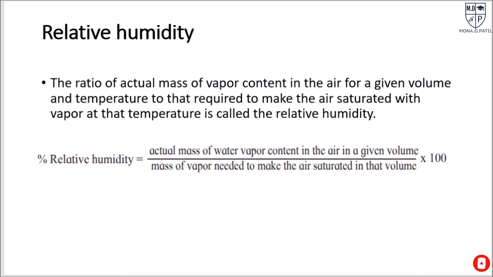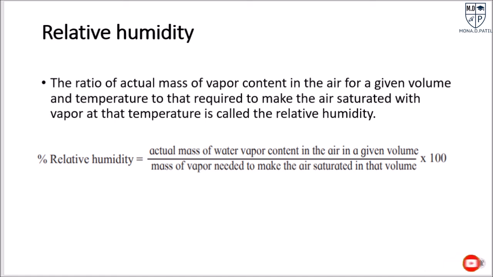Then relative humidity: the ratio of the actual mass of vapor contained in the air for the given volume and temperature to that required to make the air saturated with vapor at that temperature is called the relative humidity. So again, listen carefully. The ratio of actual mass of vapor.